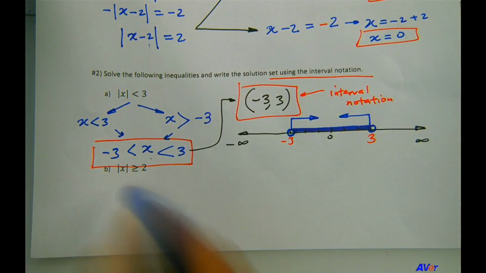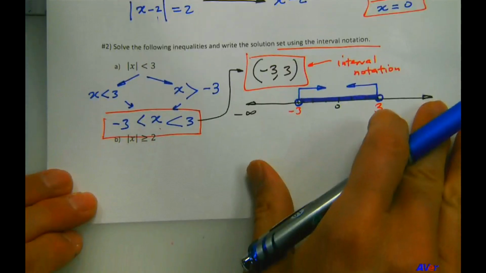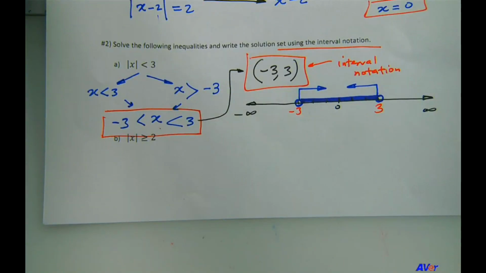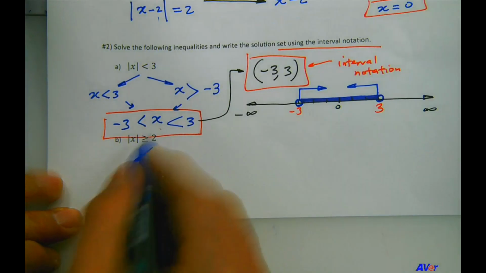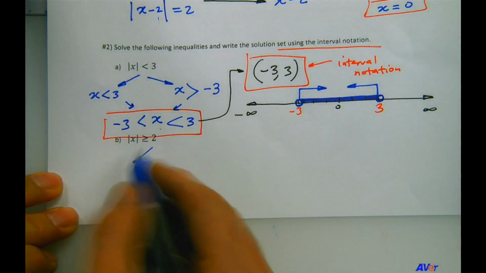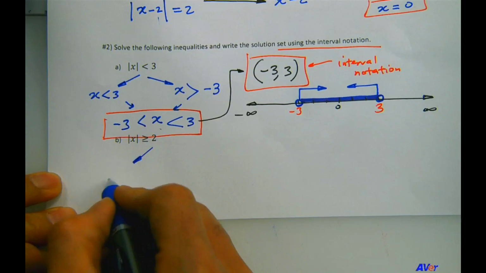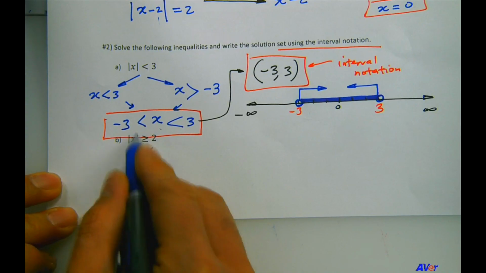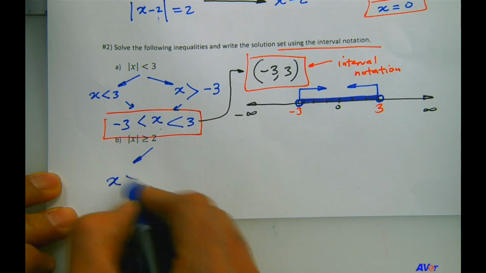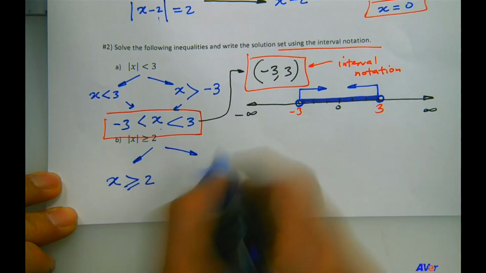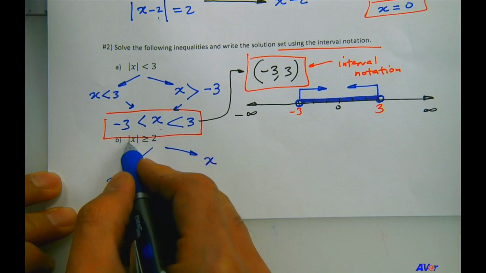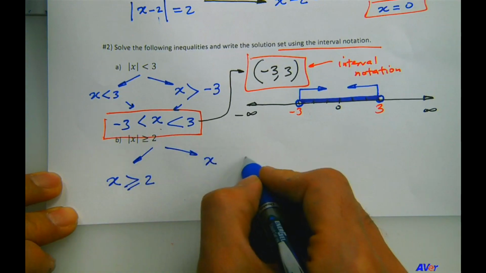Okay, this is part B. I hope you've done this on your scratch paper, right? So this one, again, one of the solutions comes from the original inequality written with no change. Just the absolute value bars are gone. So x greater than or equal to 2. And the other one comes from the inside of the absolute value, the other side minus 2.